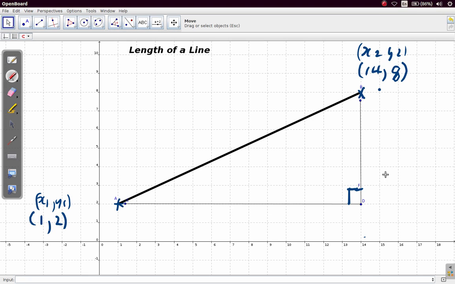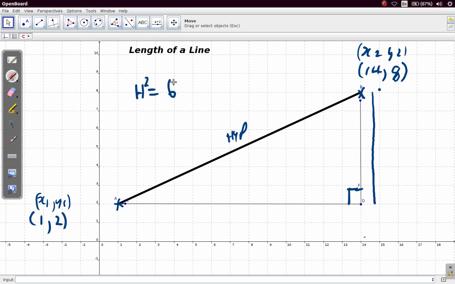Good. Now, what Pythagoras theorem says is that the square on the hypotenuse, let's call it h squared, which is our original line, equals the square on one side. How long is this? It goes 1, 2, 3, 4, 5, 6 long.